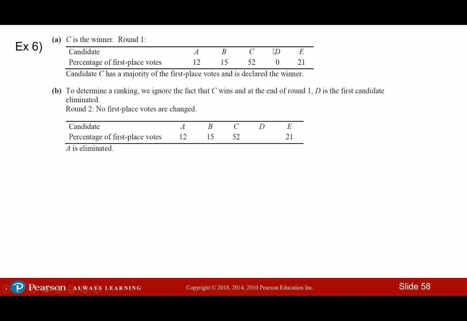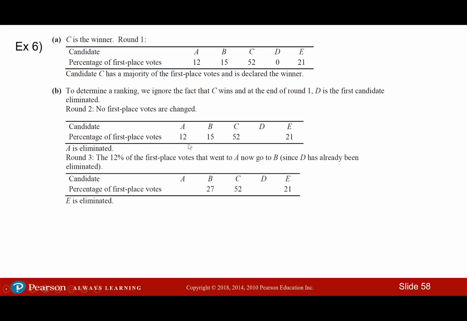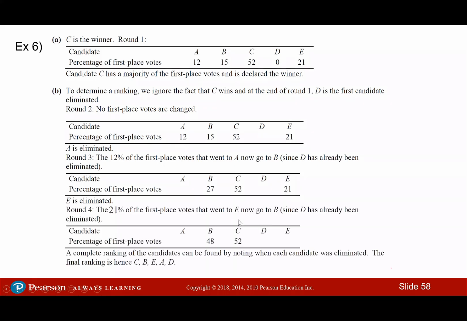Ranking goes with D being eliminated, no votes added anywhere. Next, the least amount, so 12, this is the lowest. That 12 gets eliminated, and those 12 points go on to B. So 12 plus 15 is 27. 27 is going to be eliminated, so B is eliminated. 27 points go to E. Oh, sorry, no, I'm sorry, going backwards here.